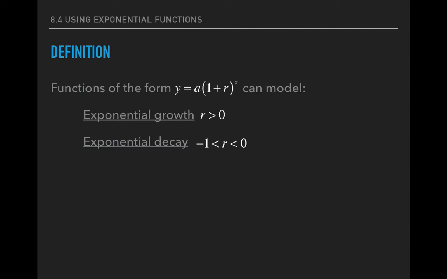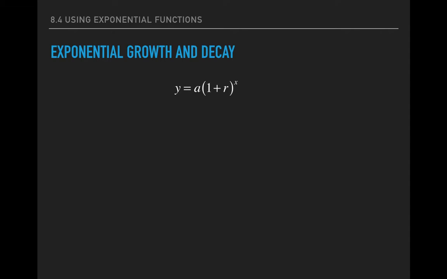So let me go a little bit further in depth on what this equation means. When in the context of exponential growth and decay, which is a very prevalent model in the science fields, the a value is representative of an initial amount.